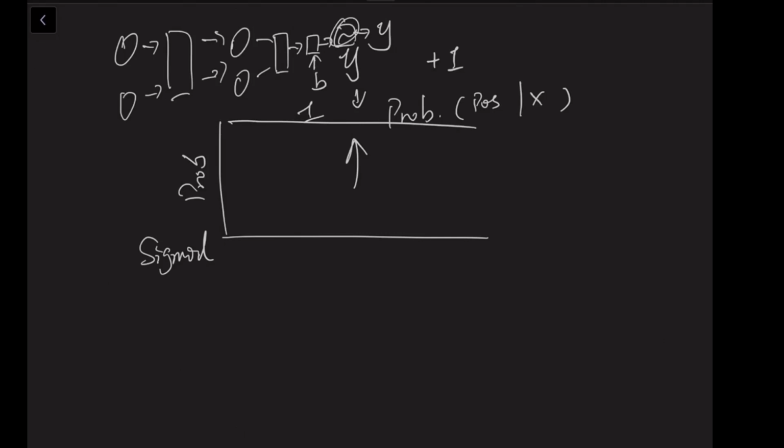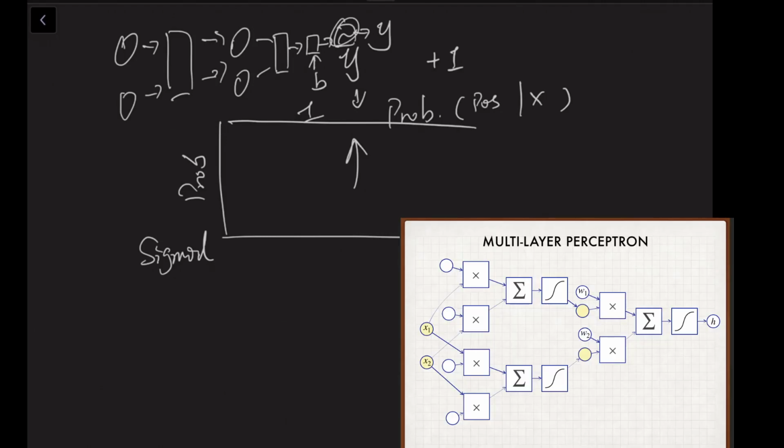Let me show the network structure here. So let this value be b, and the sigmoid conversion goes this way, and here is 0. Mathematically, the equation is 1 over 1 plus e to the power of negative b.